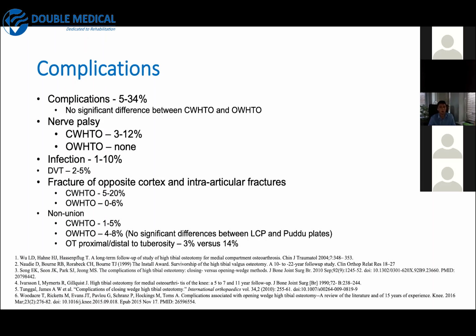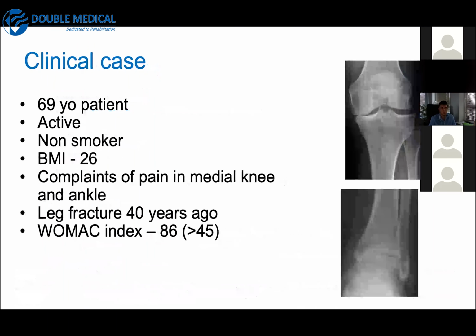According to literature, there are no differences between LCP plates and PADO plates. The risk of non-union is much higher in patients where the osteotomy is done below the tibial tuberosity because it is diaphyseal bone. Let's now talk about one clinical case.